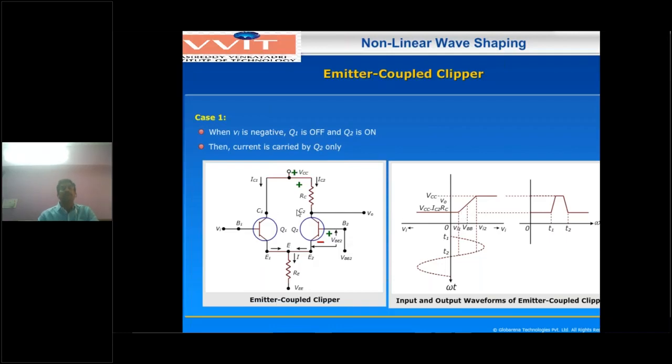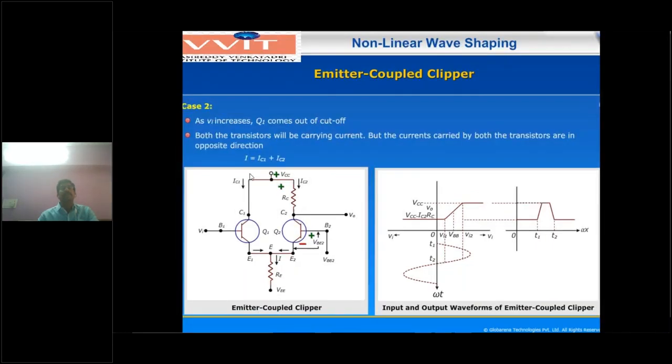And next, the second case: as Vi increases, that means the input voltage at the base of transistor Q1 increases, then Q1 comes out of the cutoff condition. Now both transistors carry current, both in the active condition. So the total current passing through RE equals IC1 plus IC2. This is the IC1 current, this is IC2.